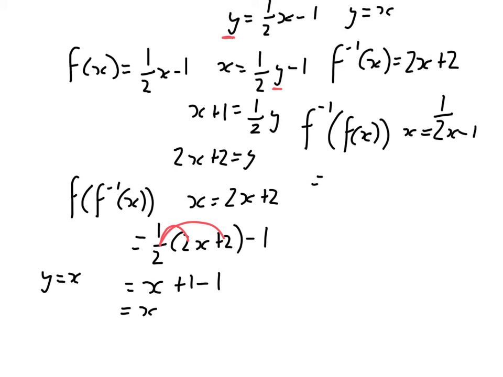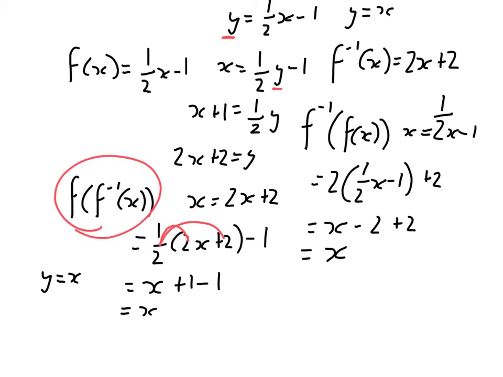So equals 2/2 x take 1 plus 2, equals x take 2 plus 2, equals x. Because we get x for this one, f f inverse x, and f inverse of f of x, because we get x as our answer, we know that the inverse is correct.